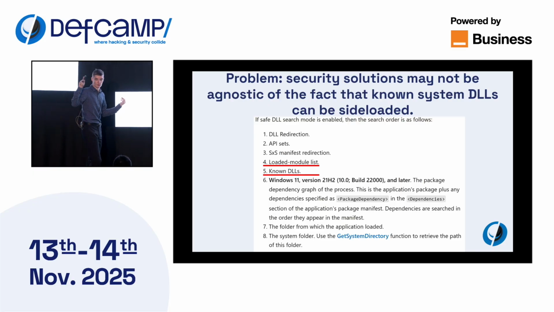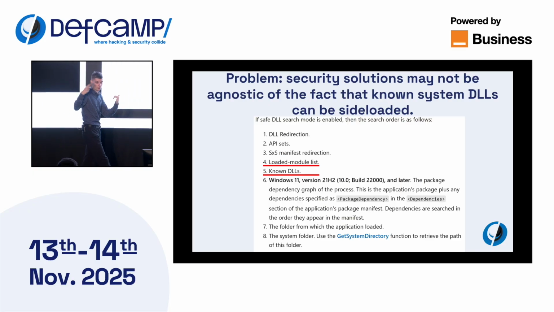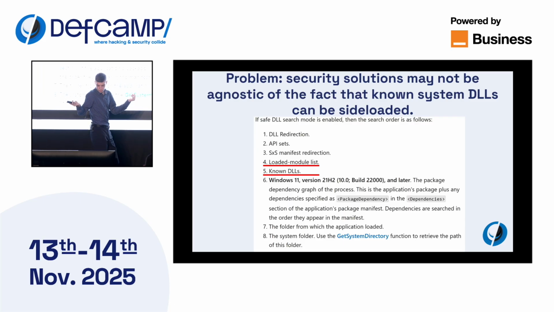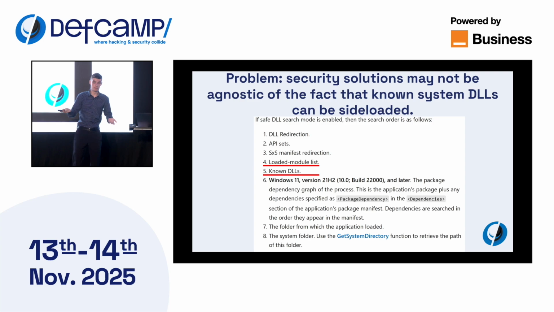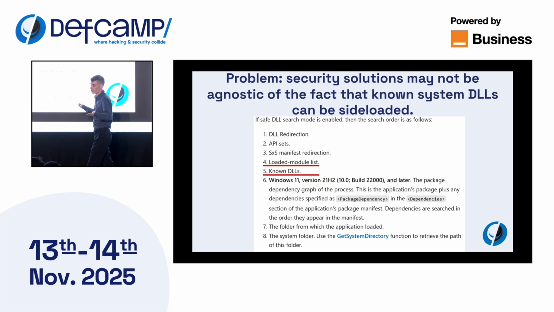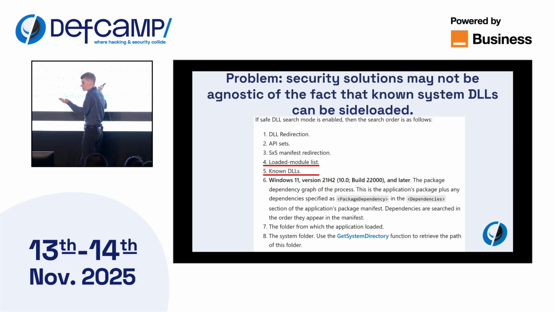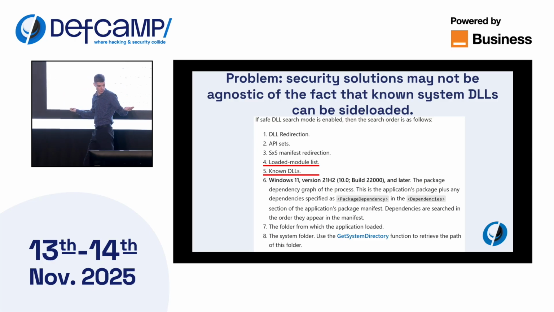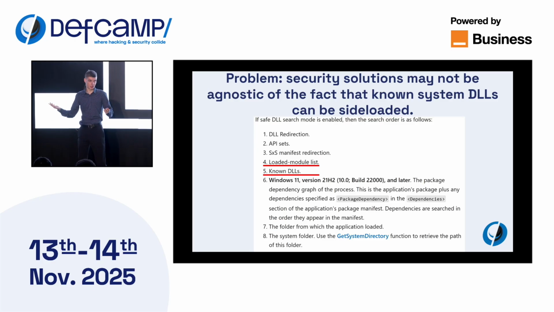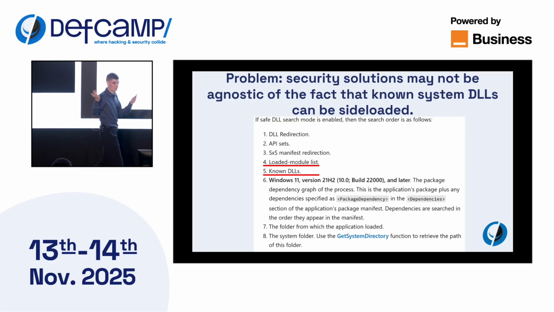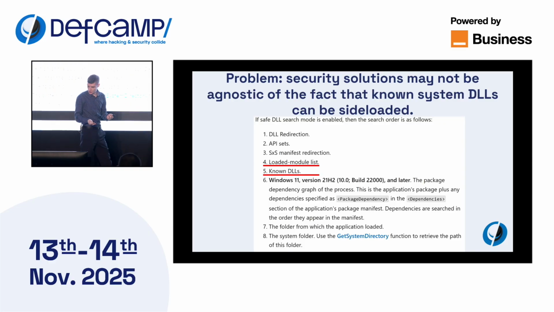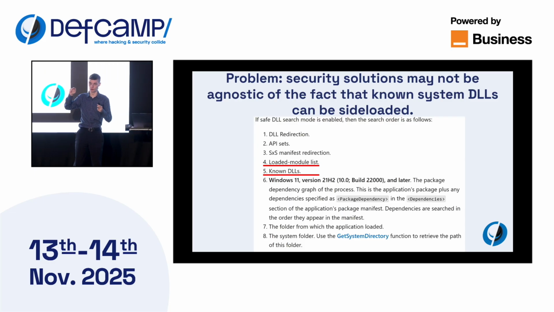Or maybe, even worse, the model may have been trained to treat this kind of known DLLs as benign cases, always. But we just saw that it's not always the case, which may confuse the model. And for security solutions that do not know that this kind of behavior may happen, this is a problem. And I'll show you that security solutions don't know about this fact.